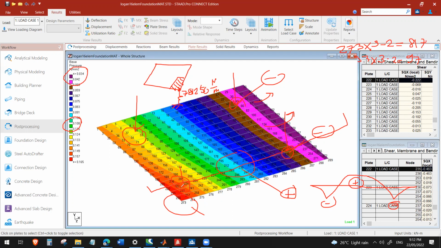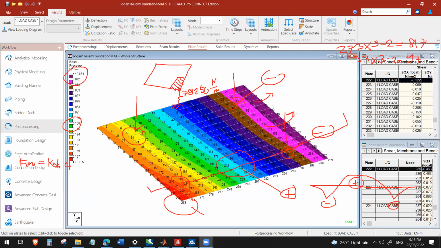Since we are checking the base pressure per node, to get the force at that node, we multiply the stiffness K, 78,250, times 4, since the majority of our plates are in the interior.